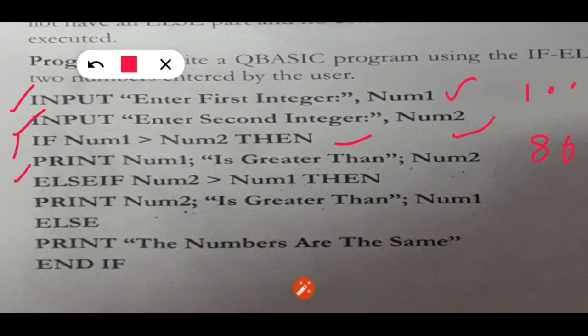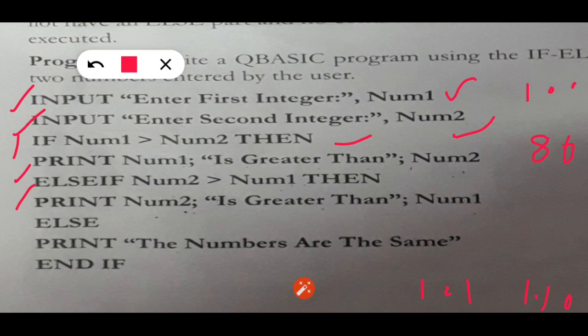Clear? Next is else if num2 greater than num1. Then what will happen? Suppose num1 is 101 and num2 is 110.